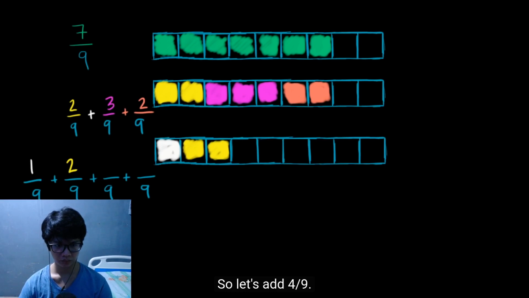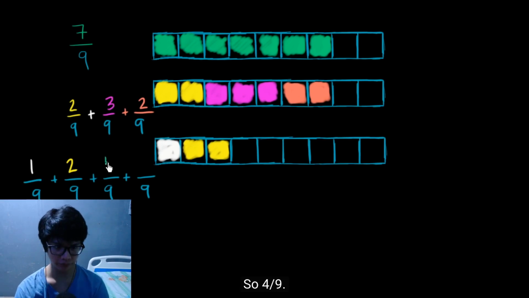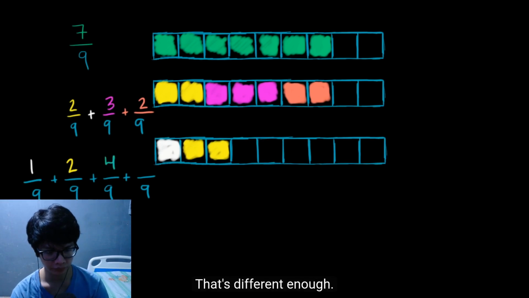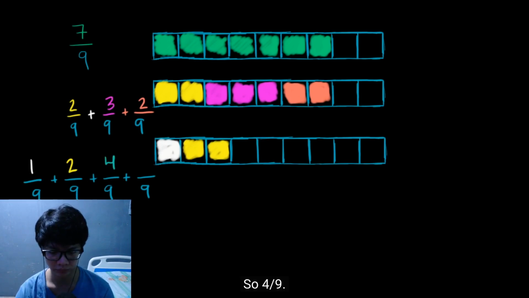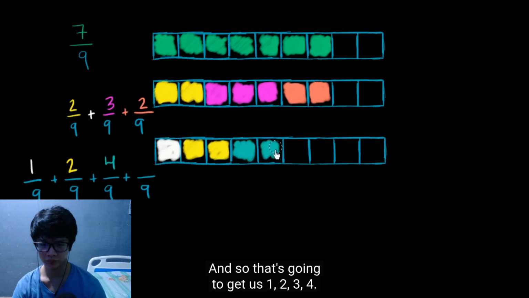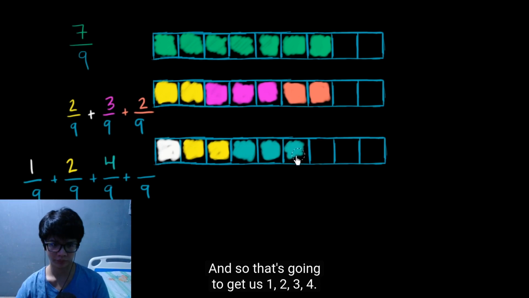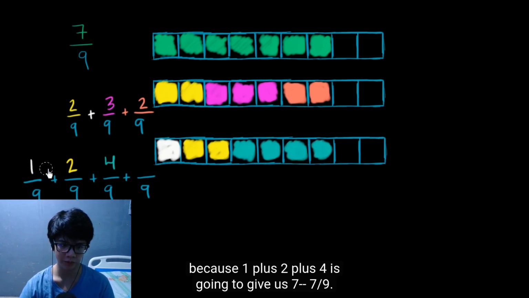So let's add 4 9ths, and I'll do that in this blue color. So let's see where this gets us. So 4 9ths. And so that's going to get us 1, 2, 3, 4. So that looks like it got us all the way, because 1 plus 2 plus 4 is going to give us 7 9ths.